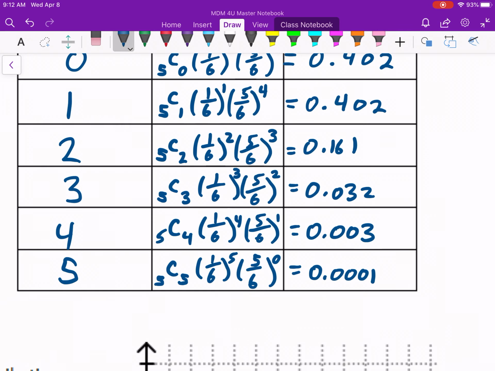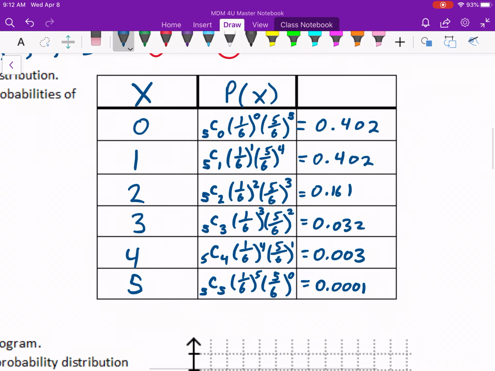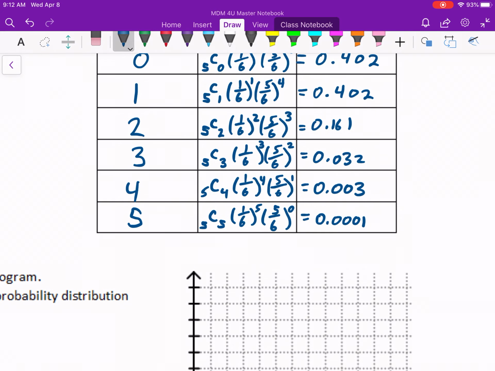All right, so that's the probability distribution. If you add up all of these probabilities, we got 40 plus 16%, that's already 96%, plus another 3%, there's 99%. Then I'm not even counting the decimals or parts of percents. You add it all up, it adds up to about 1 or 100%, within rounding error.